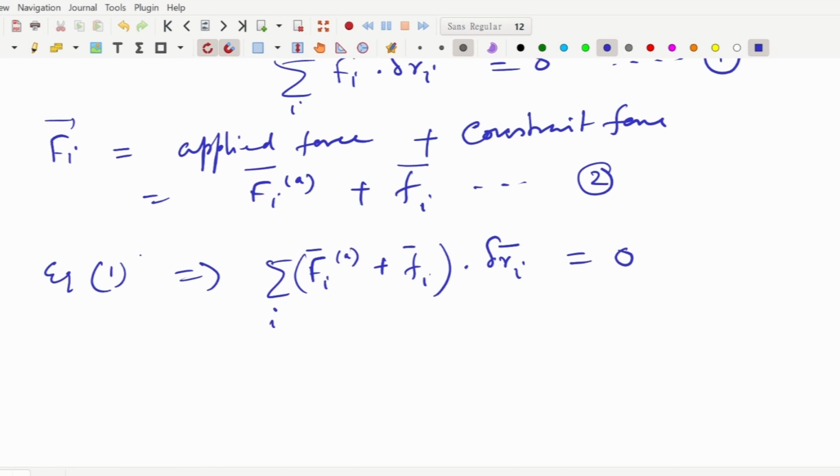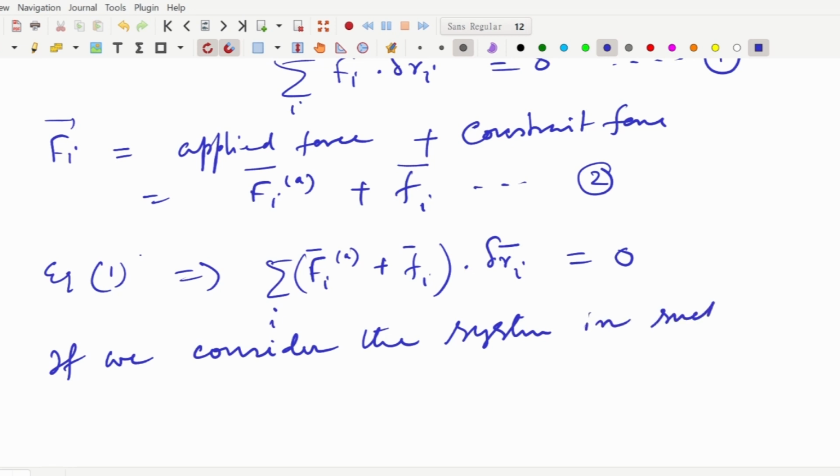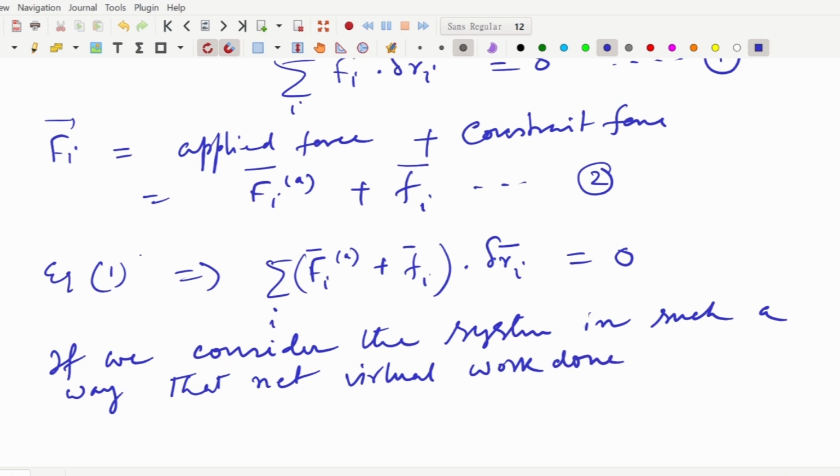Now this is the main thing. If we consider the system in such a way that the net virtual work done by the force of constraint is 0.